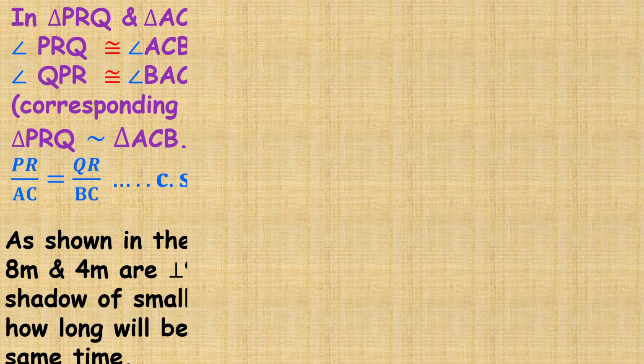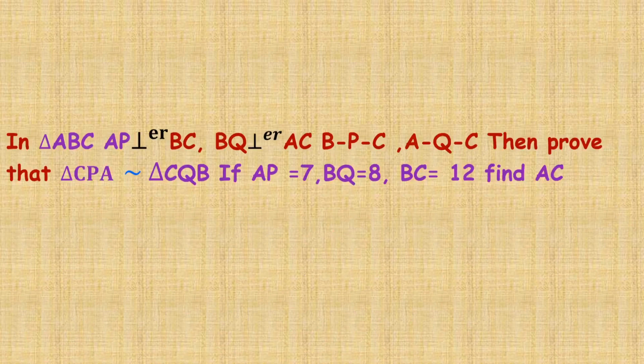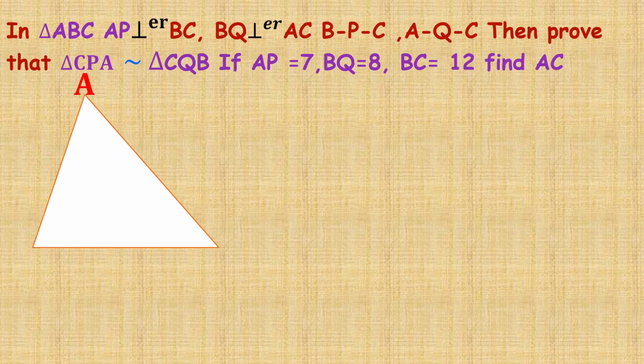This example is asked in the board exam. Next example. In the triangle ABC, AP is perpendicular to side BC and point P lies on the side BC, meaning this perpendicular AP lies in the interior of the triangle ABC.